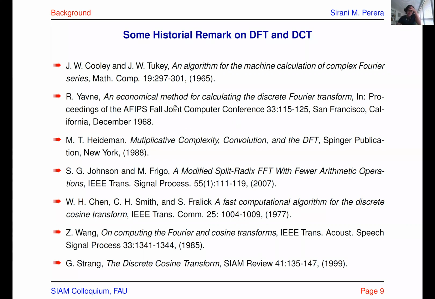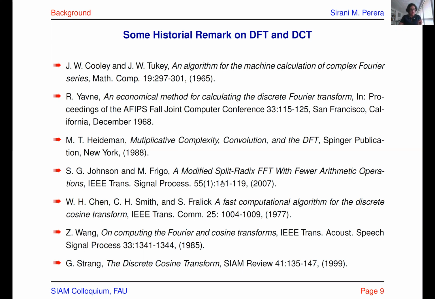Among these, it's also known that Gauss is the one who first came up with the FFT algorithm around the 1800s. And then after that, Cooley and Tukey reinvented that algorithm. And then Yavne reduced the complexity count through scaling at the end.